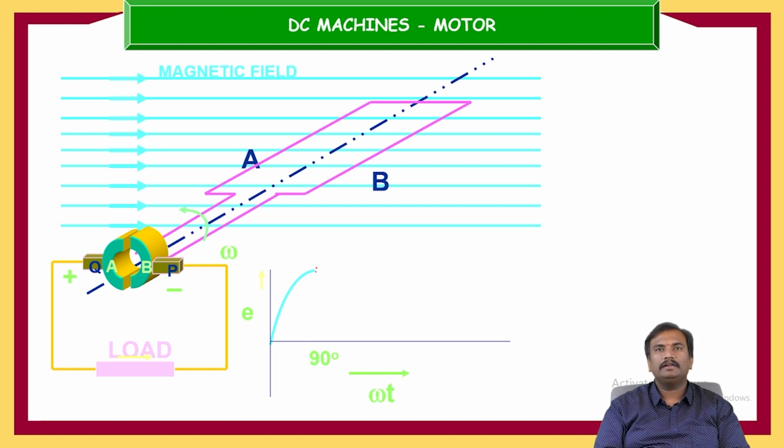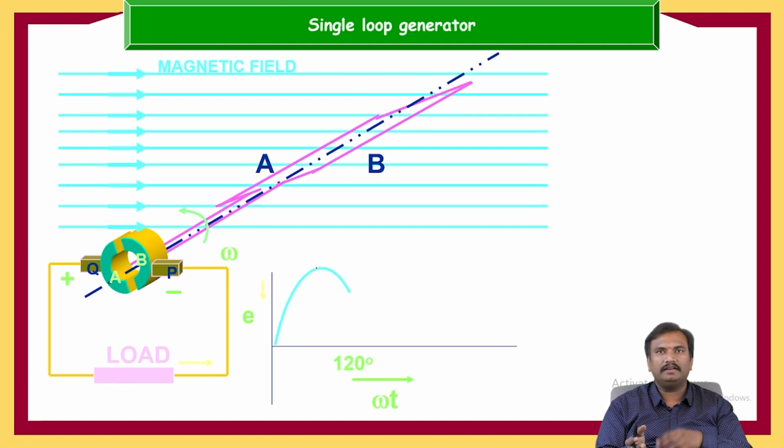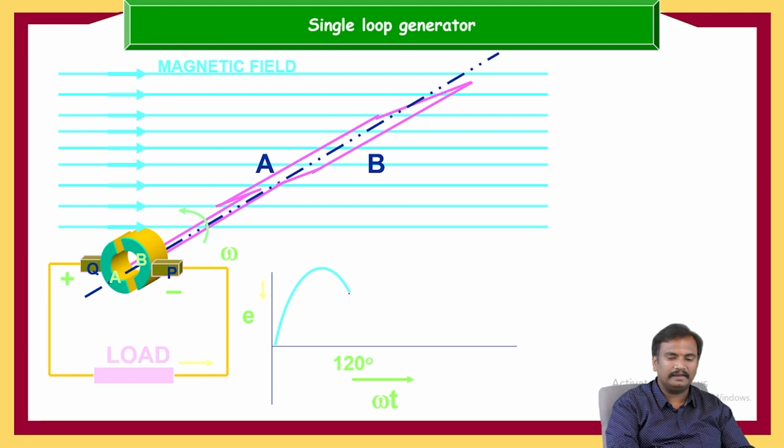Then at 120 degrees, the voltage decreases again, just like at 60 degrees.